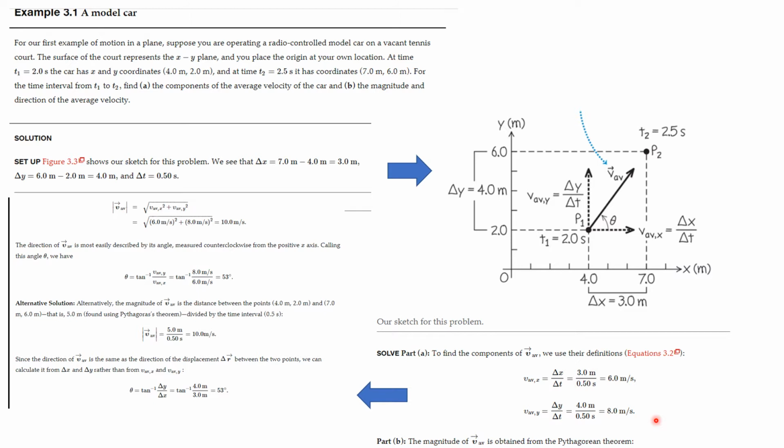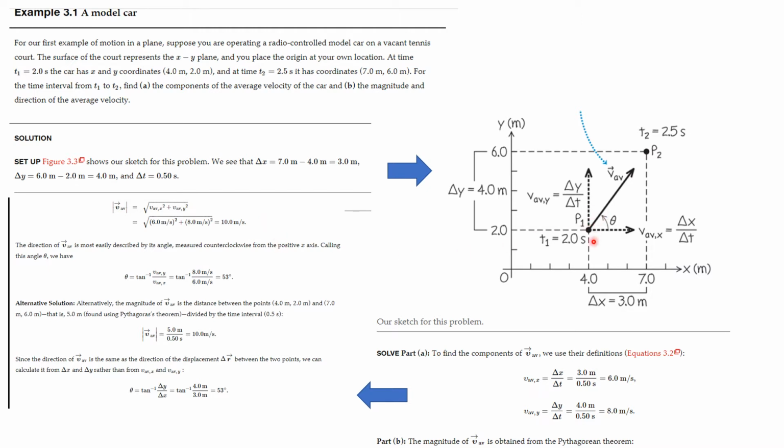Those are the components, but now we need to find the magnitude and direction of the velocity. To find the magnitude, we're going to take the 6 and the 8, and use the Pythagorean theorem to find the length of this. So the magnitude is the square root of 6 squared plus 8 squared, and when I take the square root, I get 10.